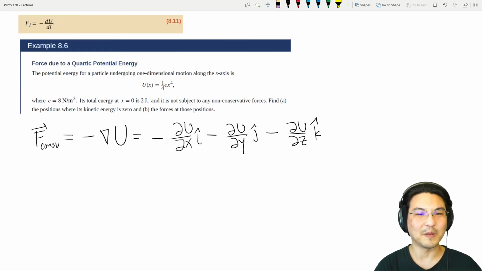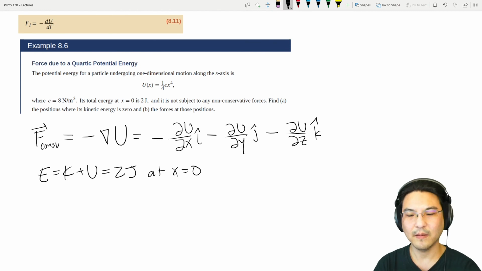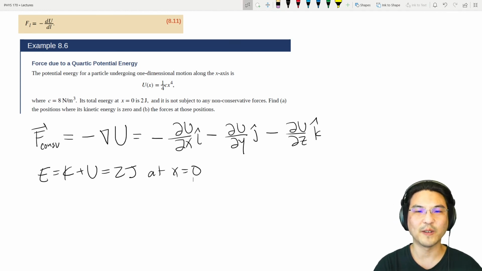So how do we use that? Let's try this example. We're given this potential energy, and this particular problem says the total mechanical energy, kinetic plus potential, is 2 joules at x equals 0. It's not subject to any non-conservative forces.